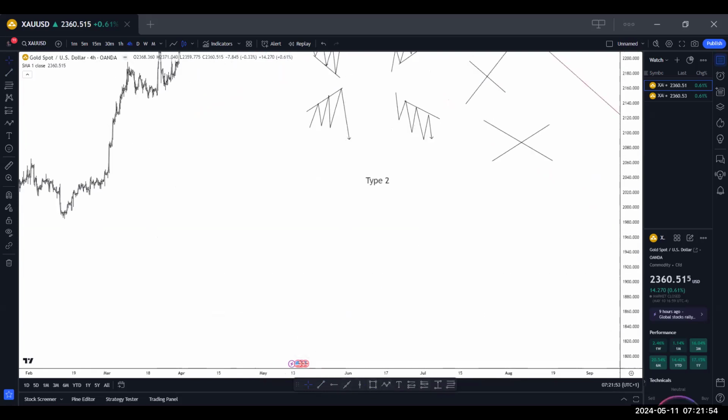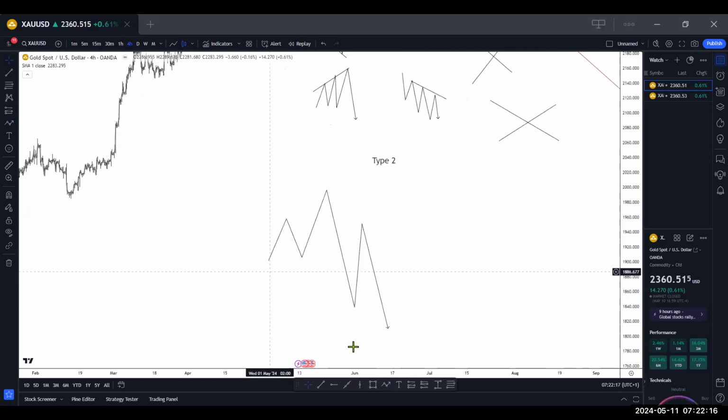Type two is super dope. Type 2 also has a continuation and a reversal pattern. So for the reversal type 2, you have something like this. Price is going up, then breaks, retraces, entry.